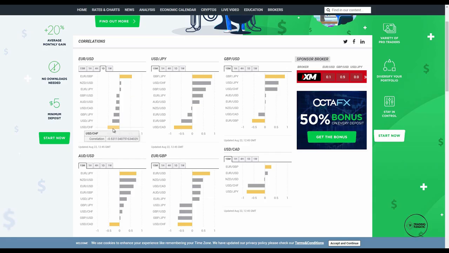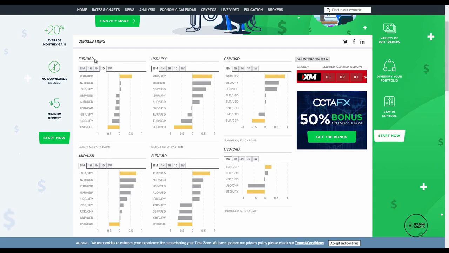As you can see, we have a minus 0.53 and here we have 0.55. You always want to look at the top one and the one at the bottom, because those have the strongest correlation with your given pair.